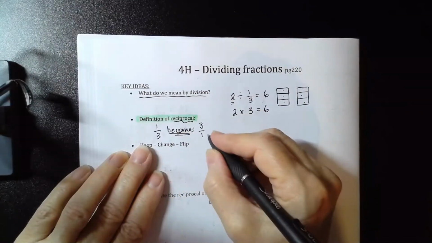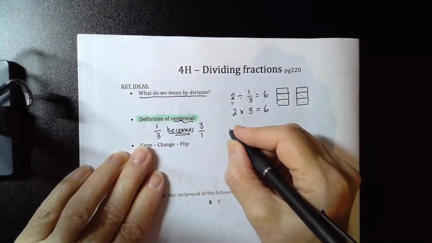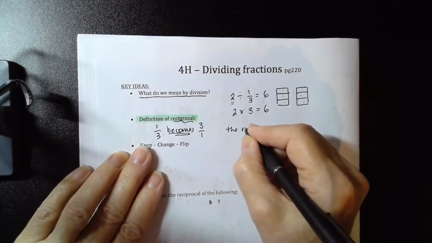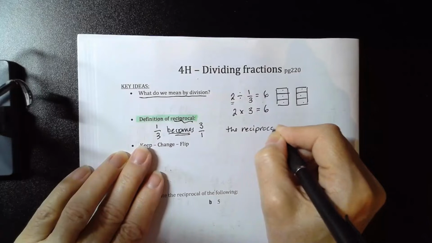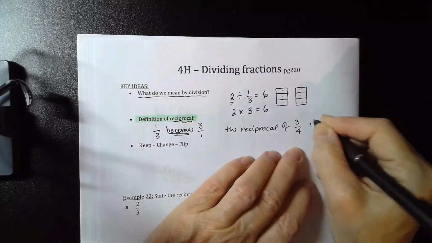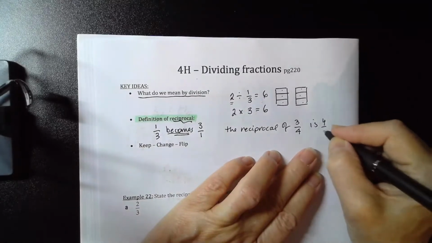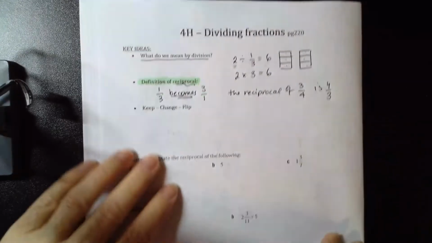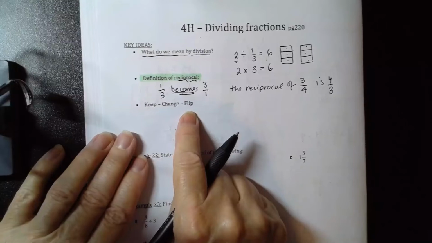So the reciprocal of 1/3 is 3. The reciprocal of 3/4, you guessed it, is upside down 4/3. Kind of interesting. So in division of fractions, we use this.